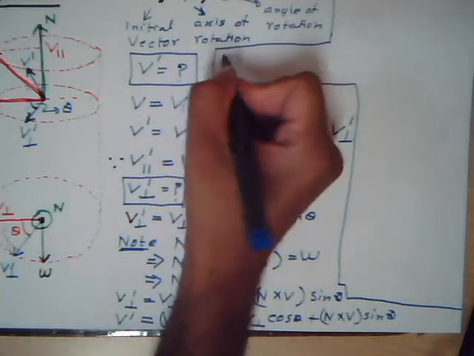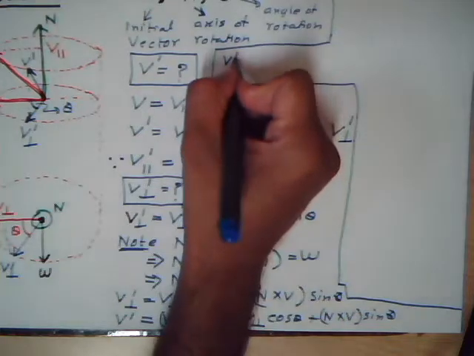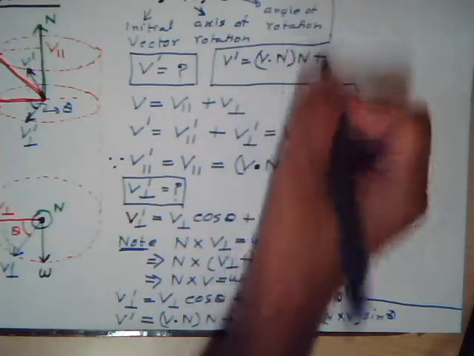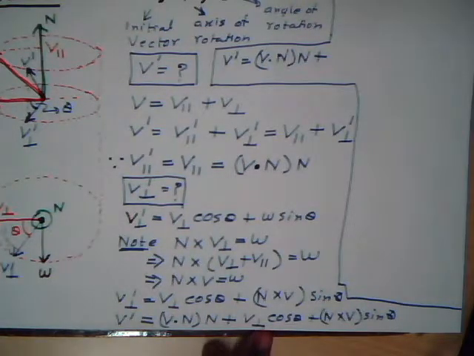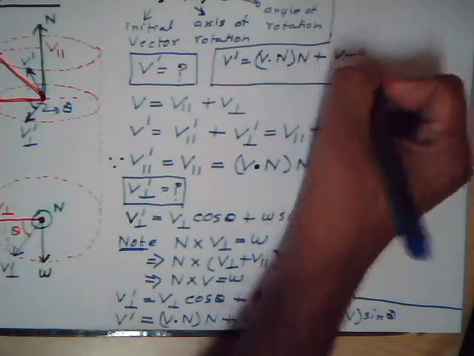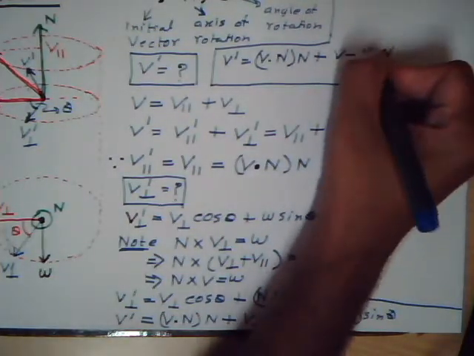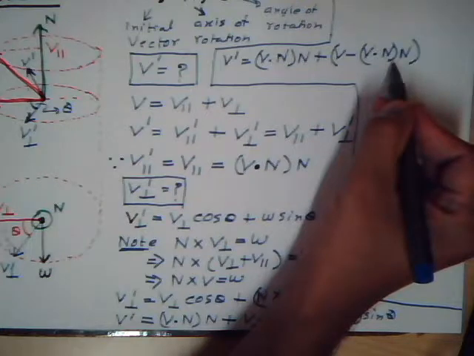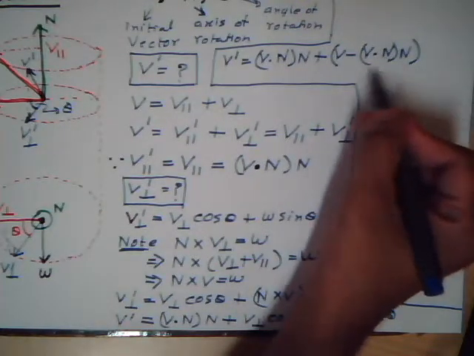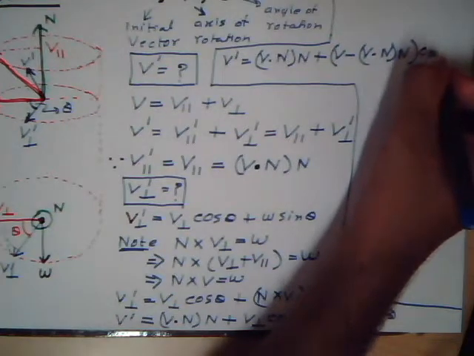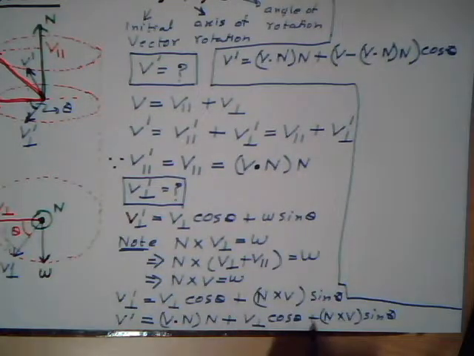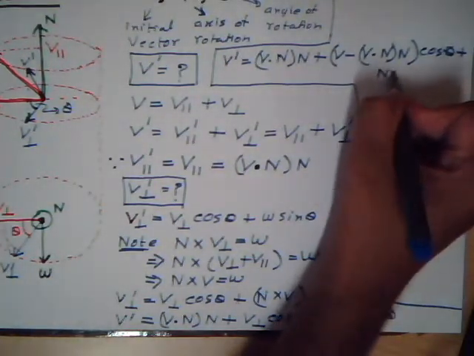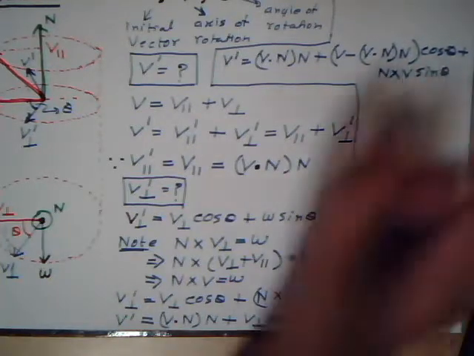So this becomes v prime is equal to v dot n times n plus, in place of v perp I put its value, which is equal to v minus v dot n times n. So v minus the parallel component is equal to the perpendicular component. So this times cos theta plus n cross v sin theta.